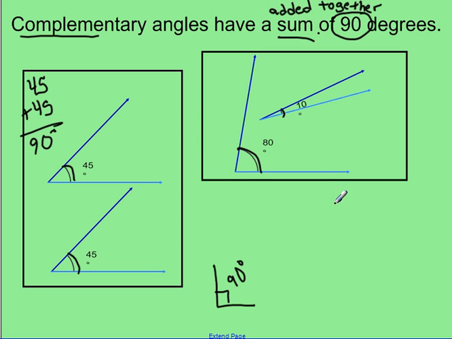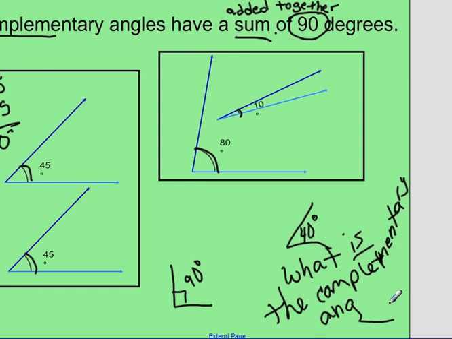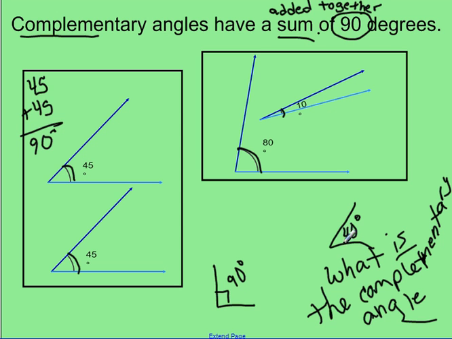You could easily solve a problem like an angle is 40 degrees, and the problem might ask you, what is the complementary angle? All you would have to do here is figure out what you need to add to 40 to make it a 90-degree angle. And that answer would be 50 degrees.